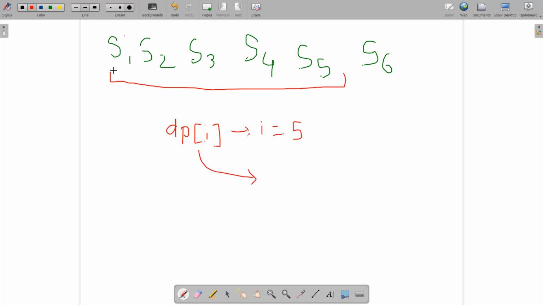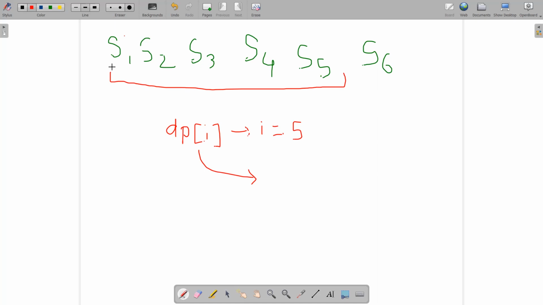We already have the values of dp of 1, dp of 2, dp of 3, dp of 4, dp of 5 being the minimum number of cuts required for a substring starting from i equal to 1 up to a given i. So we are assuming that we have already found these dp values from i equal to 1 up to i equal to 5.